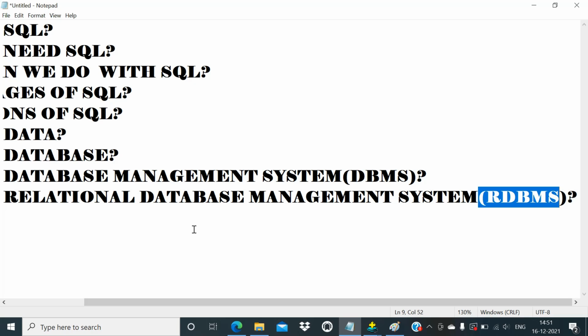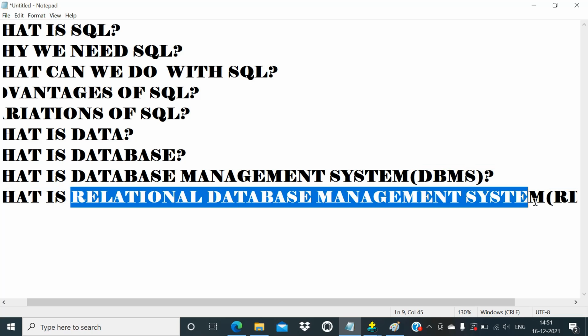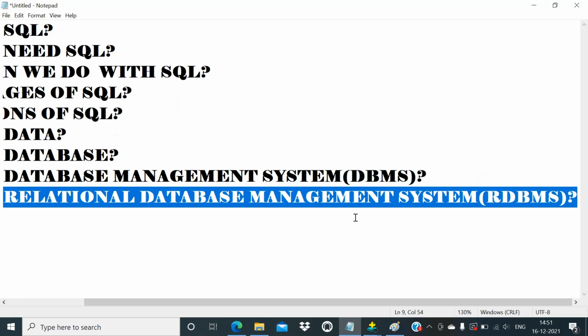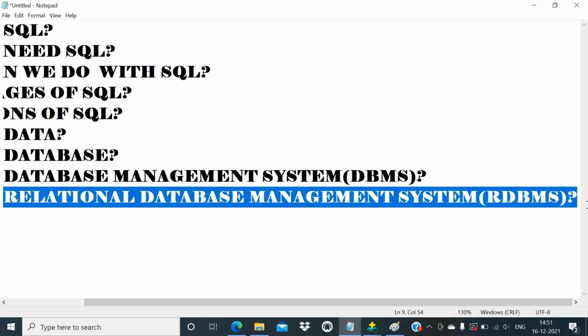If you want, make a note of it. So we need to communicate with relational database management system. Here we need one more language that is called SQL. Here comes the concept of SQL, structured query language.